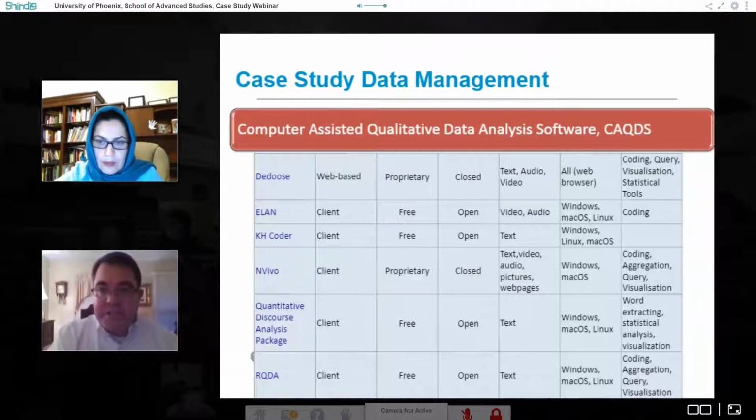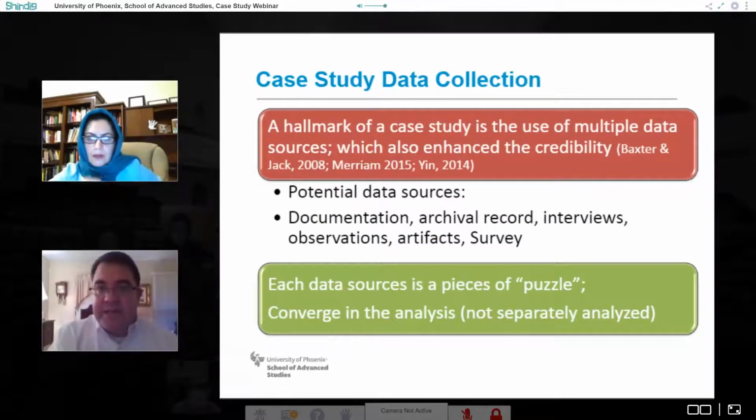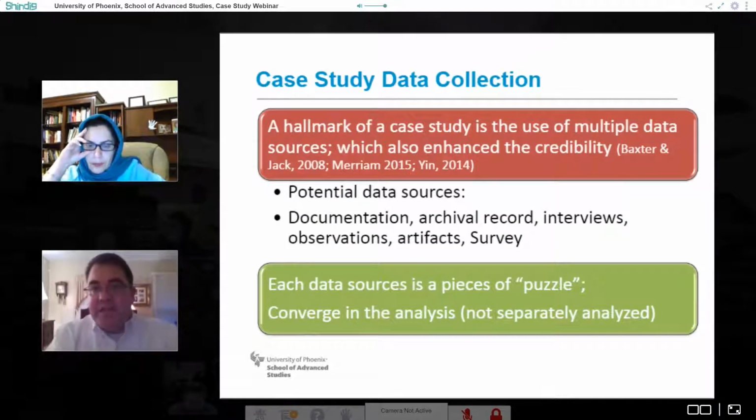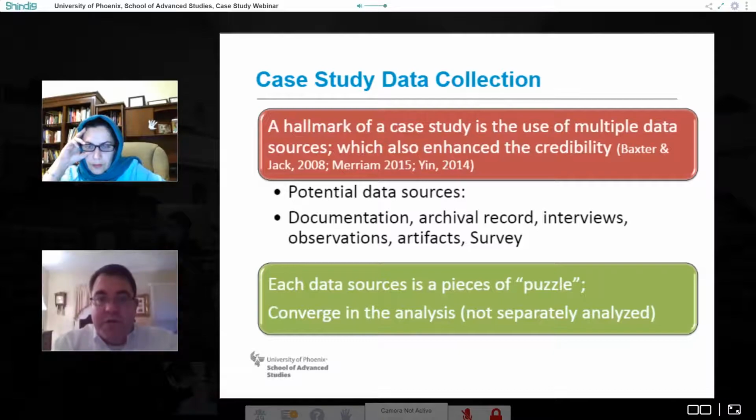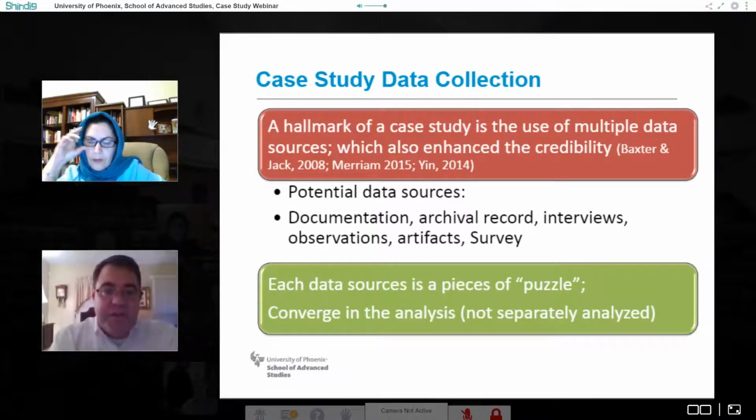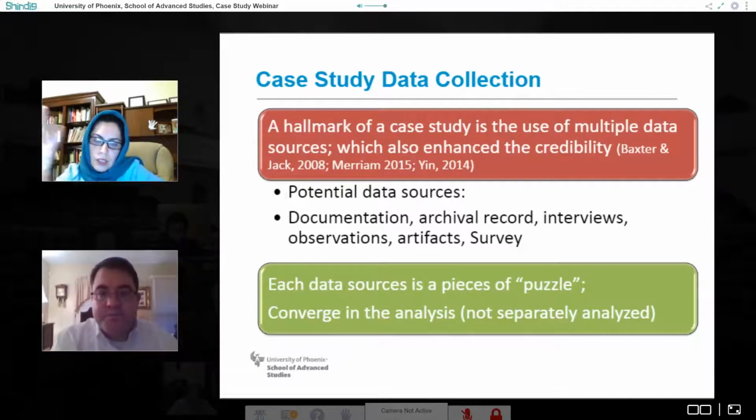We have a couple of questions on the previous slide about data collection with the hallmark. Can you use an embedded case study to contrast two groups of people? For example, kids who drink soda versus kids who do not drink soda within the same organization? You do, so you have an embedded case study. However, you cannot mix these issues together.